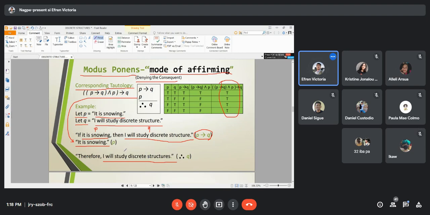So, dito, example nung nasa task kanina, if it rains, I drive to school. So, if it is snowing, kung merong, let's say, nagka-snow, pag-aaralan ko yung discrete structure. It is snowing, so ibig sabihin, nagka-snow. Therefore, yung conclusion, I will study discrete structure.